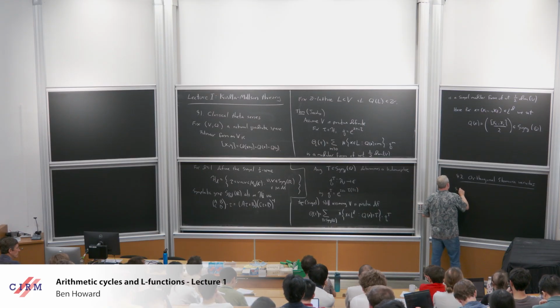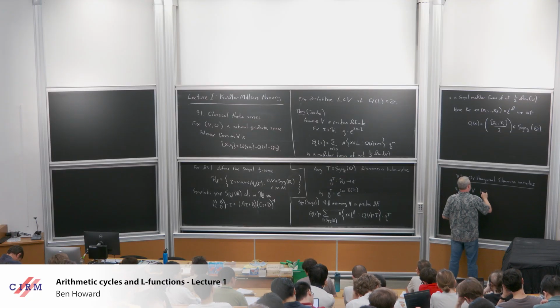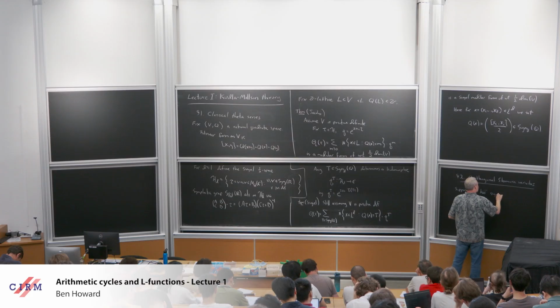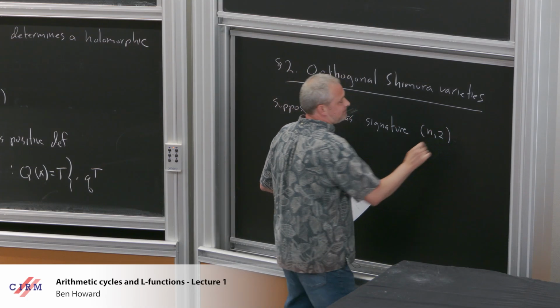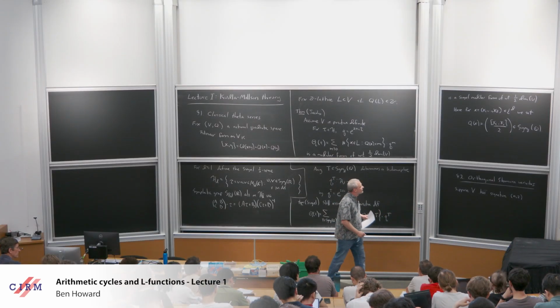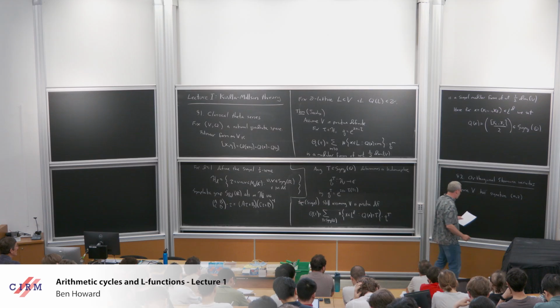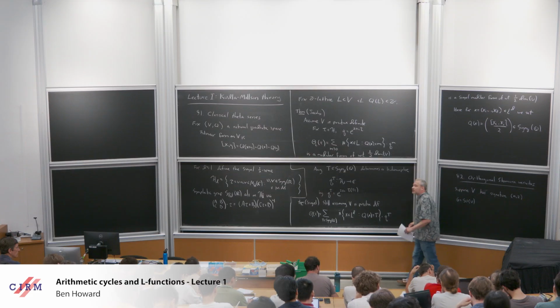So suppose V has signature (n, 2). The 2 is important. And G is going to be the special orthogonal group.